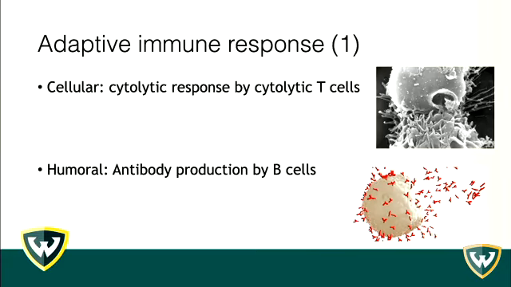And when we look at the adaptive immune response, talking about the cellular, the cytolytic response by T cells, or the humoral response by B cells, we found that cytolytic T cells are not present or are in very low number at the implantation site.